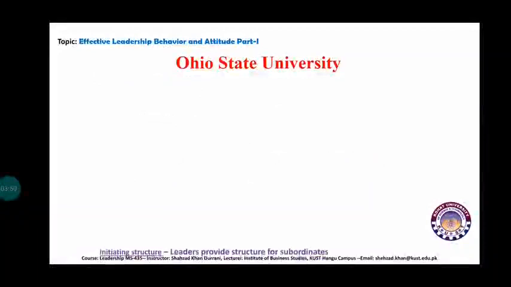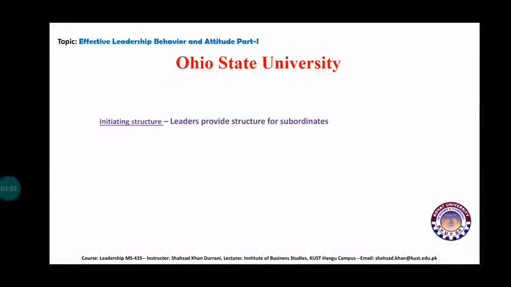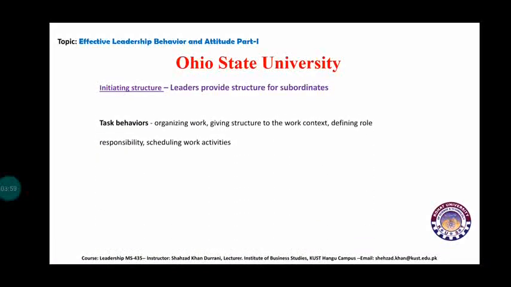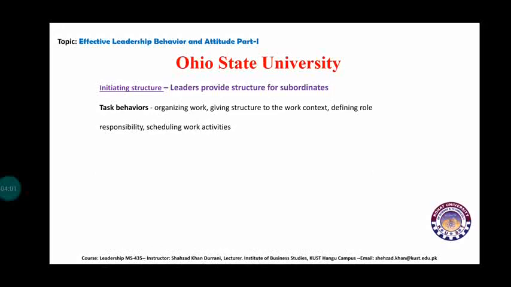So we have initiating structure, where leaders provide structure for subordinates in order to assist their task activities or task behavior: organizing work, giving structure to the work context, defining role responsibility, and scheduling work activities, right?